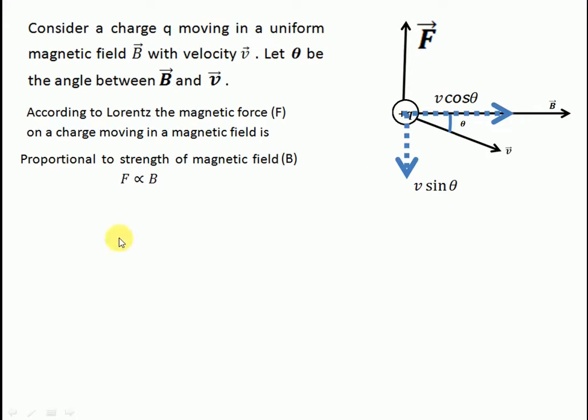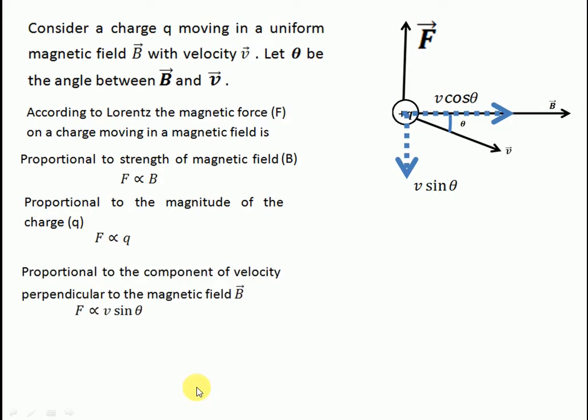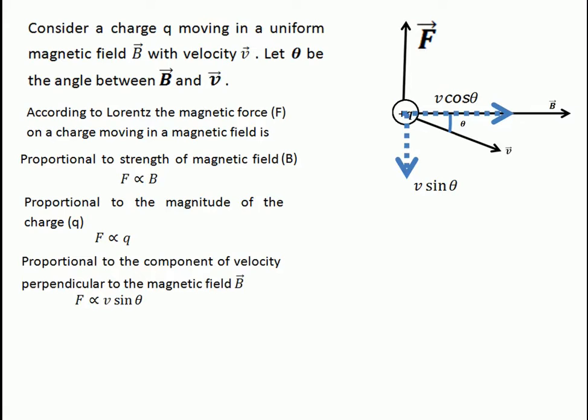According to Lorentz, when a charge moves in a magnetic field, the force on the charge due to the magnetic field depends on the strength of the magnetic field. So F is proportional to B, and the force depends on the amount of charge, so F is proportional to q, and the force is proportional to the component of velocity that is perpendicular to the magnetic field. Here you can see v sin theta is normal to B, so F is proportional to v sin theta.